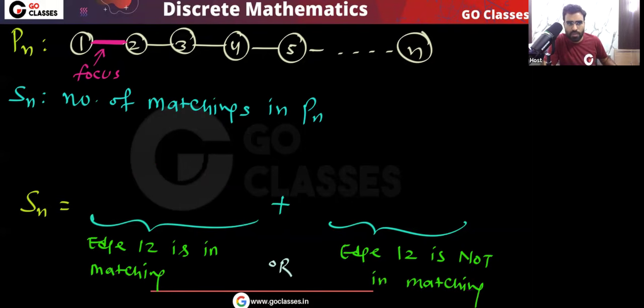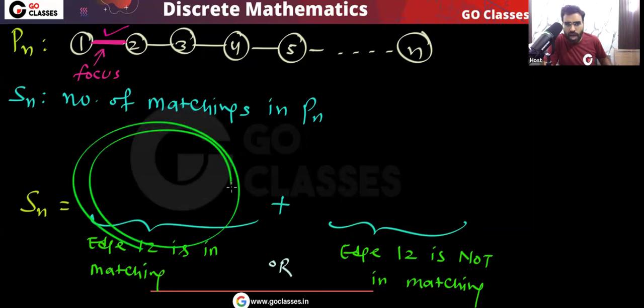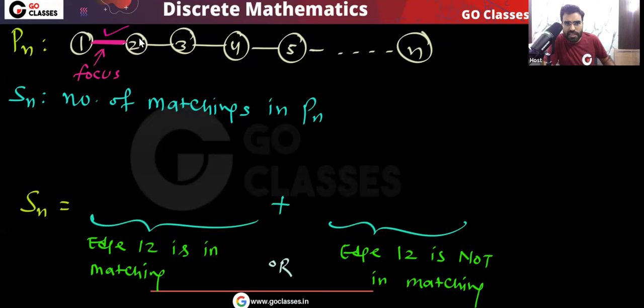Very simple. So how many matchings are there which contain edge 1, 2? Let's find that. If I have already taken this edge 1, 2 in the matching, then tell me how many matchings I can create which contain edge 1, 2. If you have already taken 1, 2 in the matching, then definitely this edge 2, 3 you cannot take. Correct? And we are creating a matching, not necessarily a maximal matching or a perfect matching.